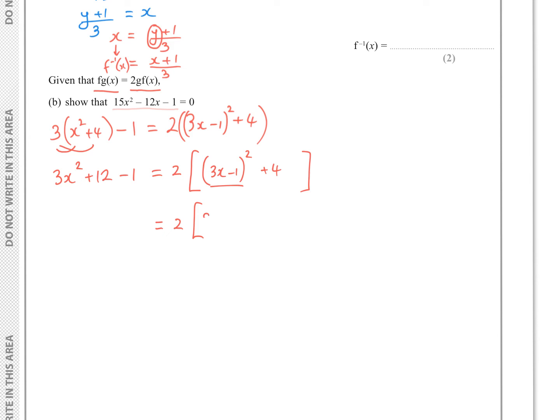So square the first, square the last, times the two bits together and double. And if you don't like that, just do 3x minus 1 times 3x minus 1 in a grid. So it is like squaring the first, squaring the last, and then because you've got minus 1 times 3x, you've got that doubled up, and that gives you the 9x squared minus 6x plus 1. And then clear up this bracket here.